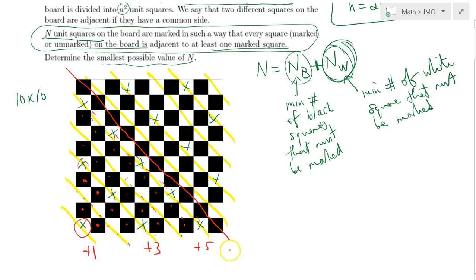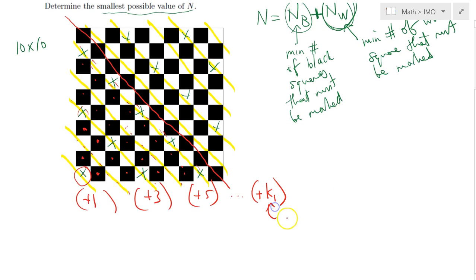Where did I stop? Well, you keep putting the marks until you reach, let's call it, k₁, where k₁ is the greatest odd integer not exceeding k.